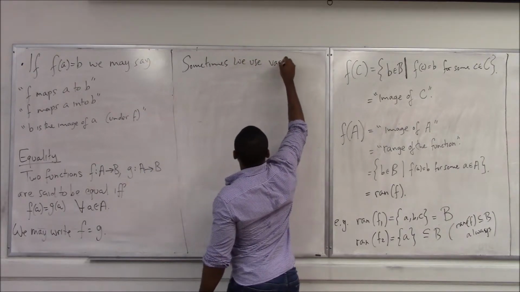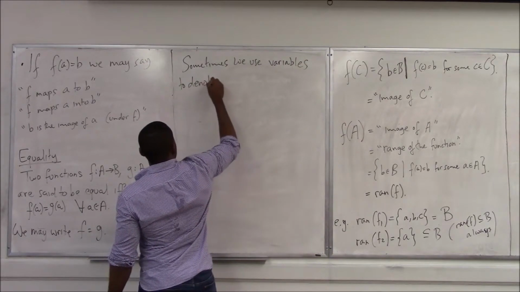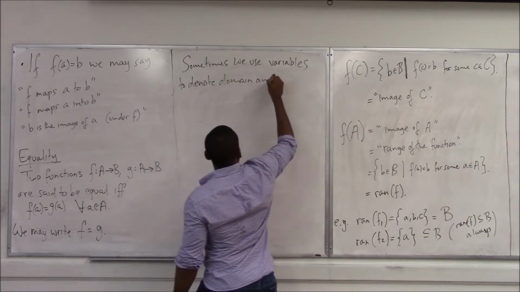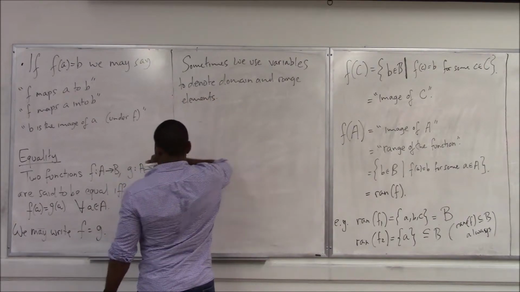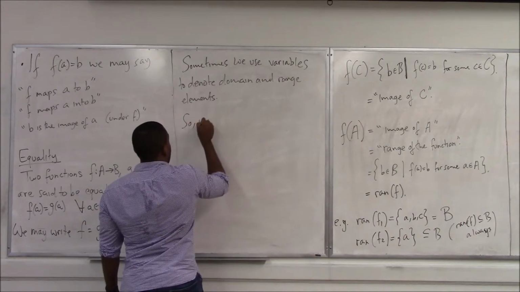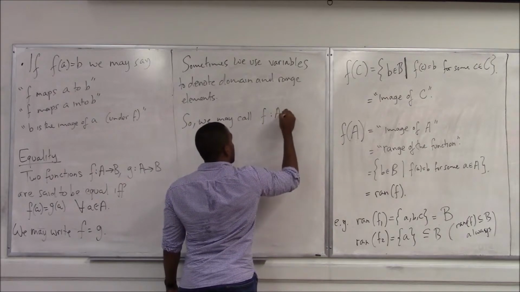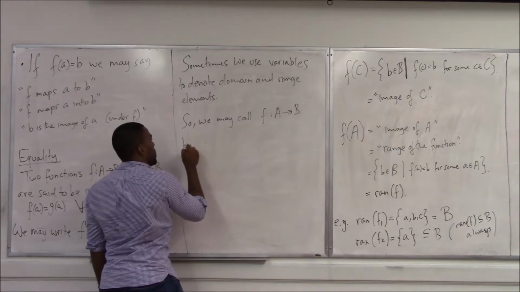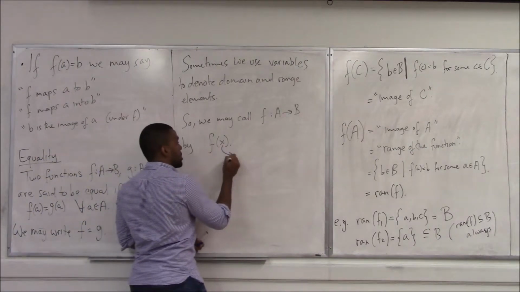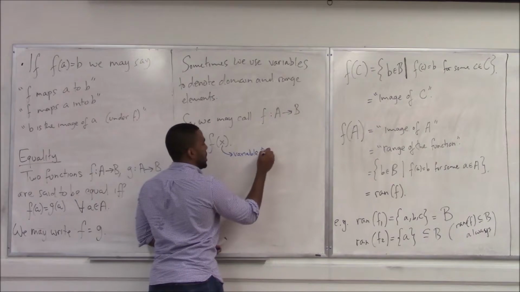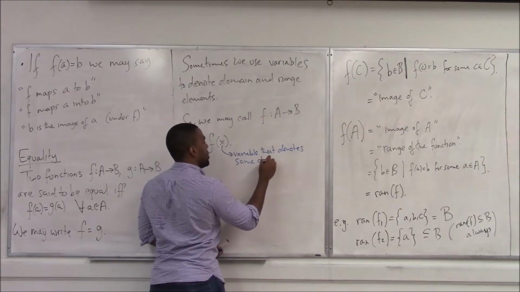Sometimes we use variables to denote domain and range elements. So we can call f from A to B by f of x, where x is a variable that denotes some domain element.